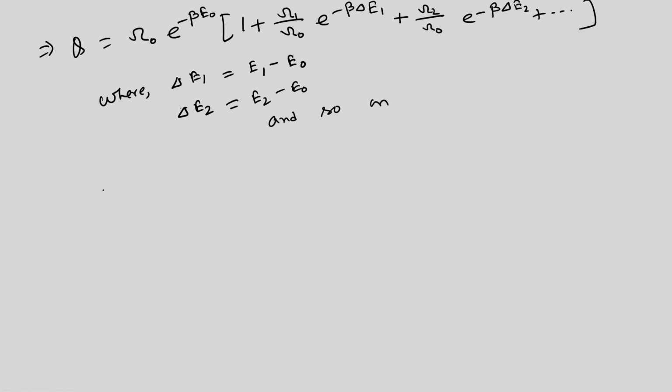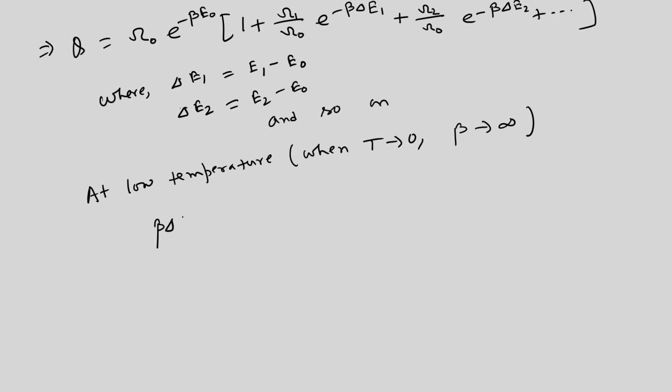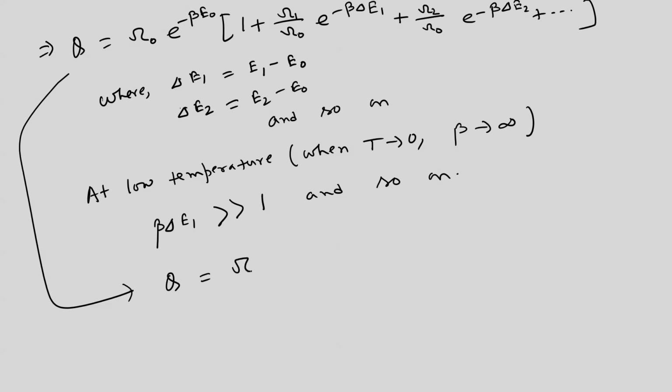Okay. Now, at low temperature, or when T goes to 0, beta goes to infinity. So beta delta E1 is much greater than 1, and so on. So we get Q is omega 0 e to the minus beta E0.